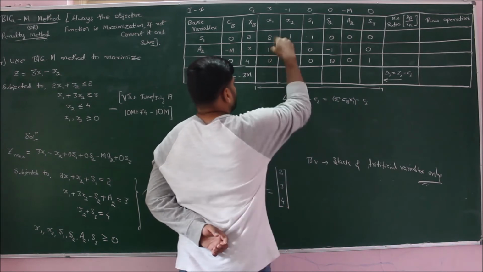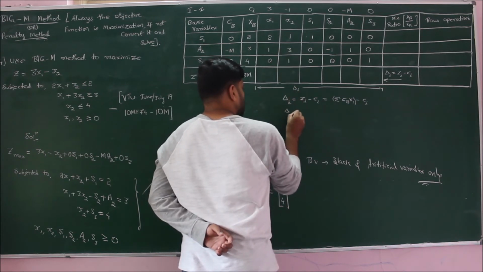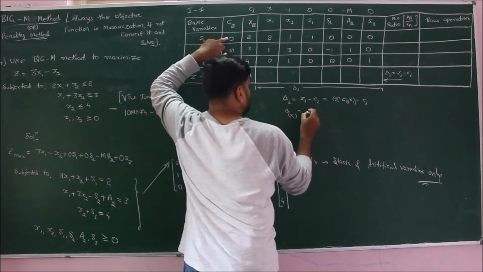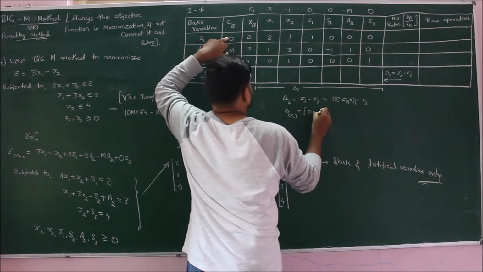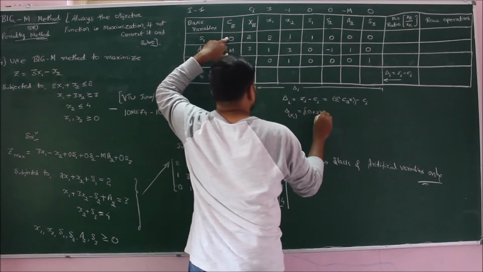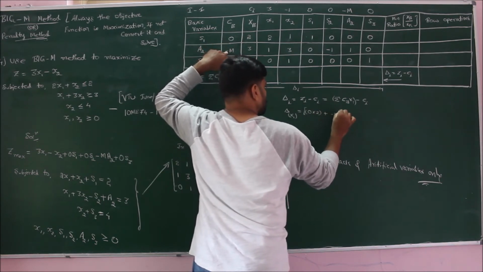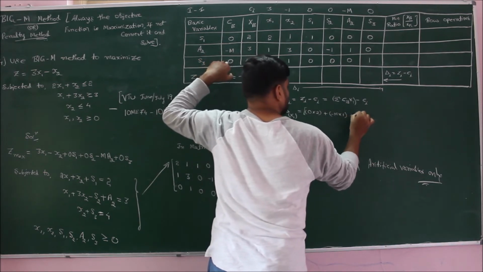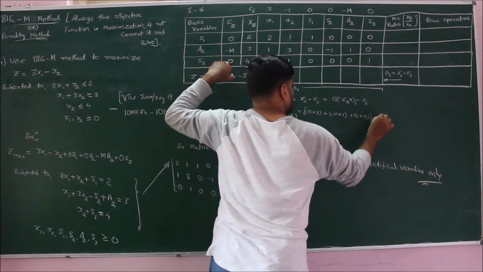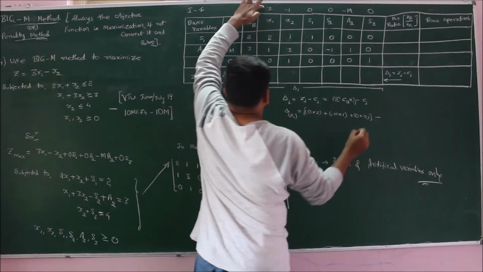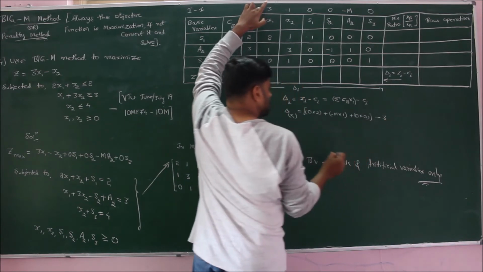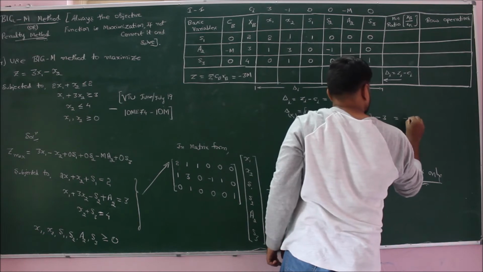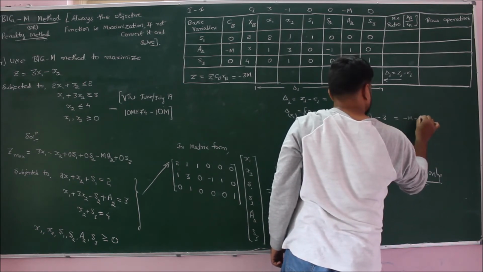So if I do for x1, I will get delta of x1 is equal to Cb x1. Cb is 0, 0 into x1 is 2, plus minus m into x1 is 1, plus 0 into 0, minus Ci of x1 is 3, plus 3. So if I solve, I will get the value as minus m minus 3.